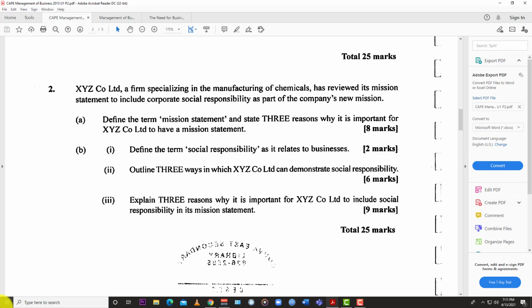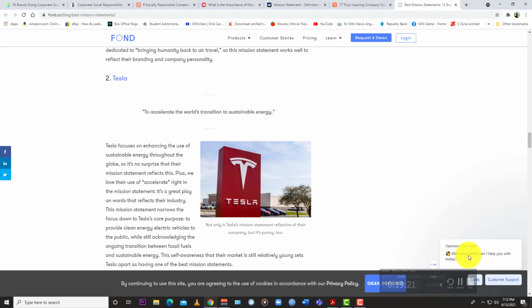When you look at Tesla's mission statement again, sustainability. One time that sounds as though you care about the environment, you care about people, you're a caring company. So let's look at Tesla's own again. It is very simple, but it says a lot, right? To accelerate the world's transition to sustainable energy.